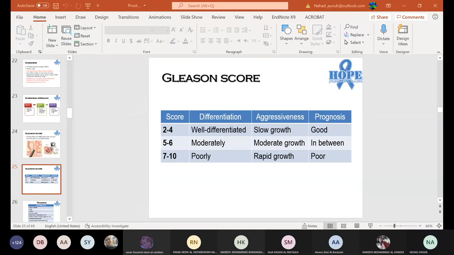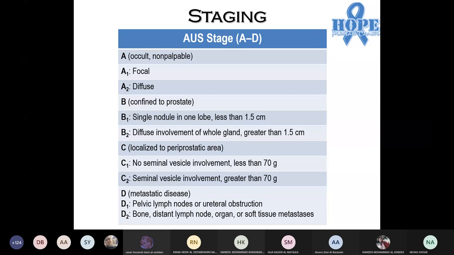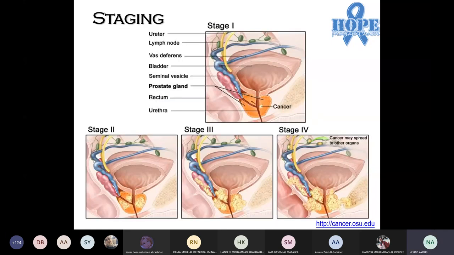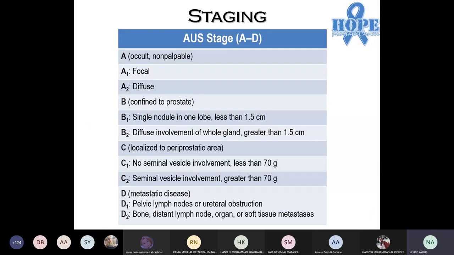طيب إذا ما في سؤال, let me go to the staging. طيب هلا ال staging بالprostate cancer is again depending on the TNM stage. فإحنا في عنا tumor size, في lymph node involvement, وفي metastasis, okay?